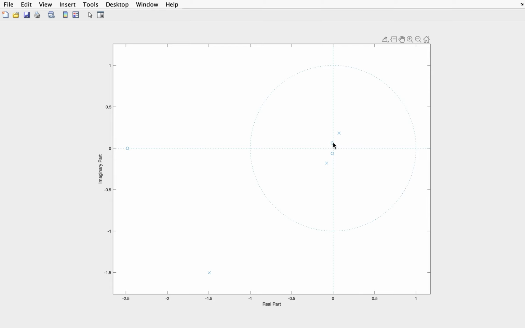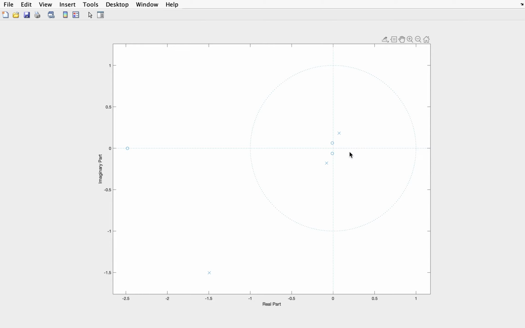Here the zeros are represented by O, or the empty circle, and the poles are represented with the x's, as you can see. And obviously this is, what is this? This is the unit circle. How do I know? The maximum value is 1, so this is the unit circle.